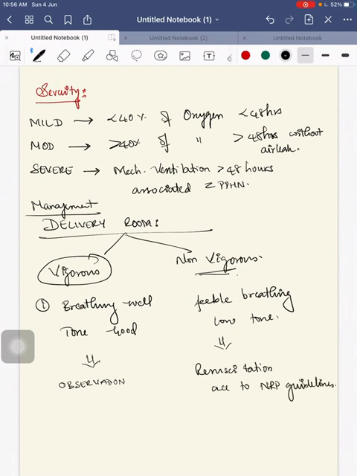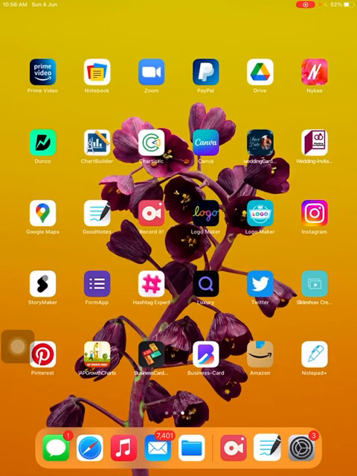Okay. So in observation, you can take a chest x-ray for the child. What will the chest x-ray reveal in meconium aspiration syndrome? In chest x-ray, the findings will be coarse nodulation, that is, diffuse opacity will be present.